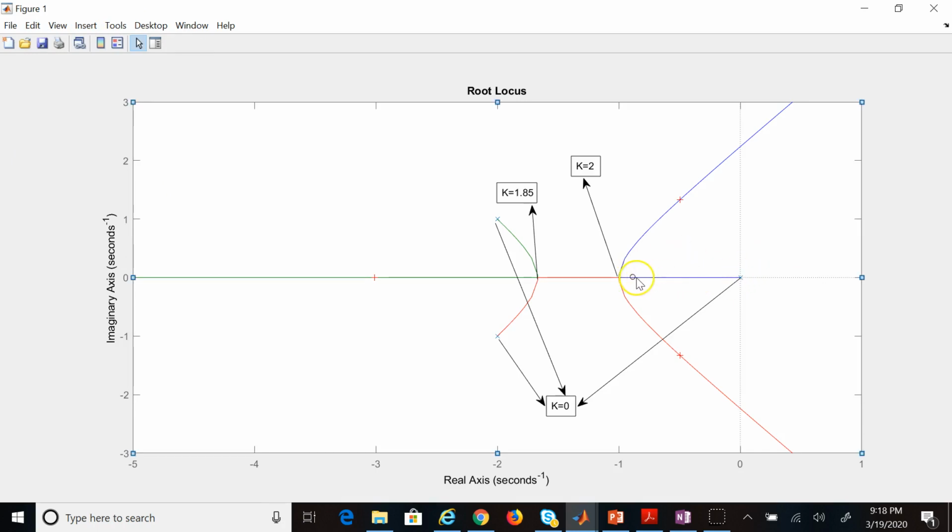That's this guy that moves all the way to here, and then the other ones are very close to the imaginary axis. So it's like here, and the other one is like here.